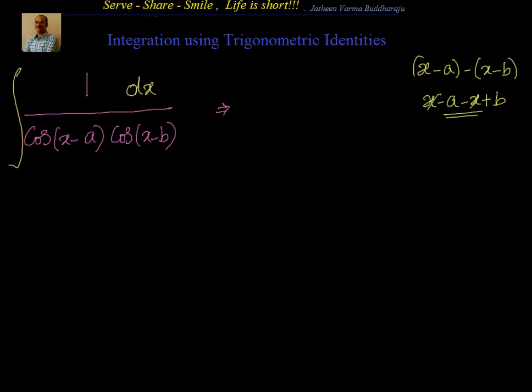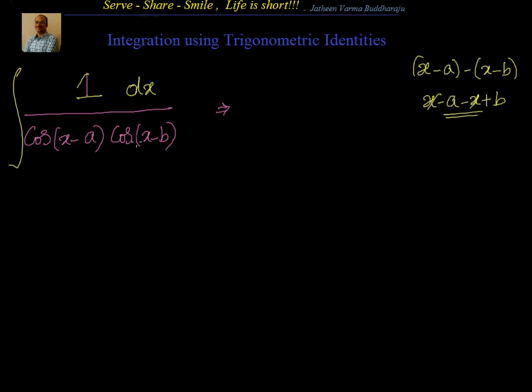So what's the approach we are trying to look into? We see that there is nothing in the numerator, so we want to get a constant there and apply a trigonometric function on that. We want to manipulate it in such a way that we can write it in the form of something like sin of c minus d, which is sin c cos d minus cos c sin d.